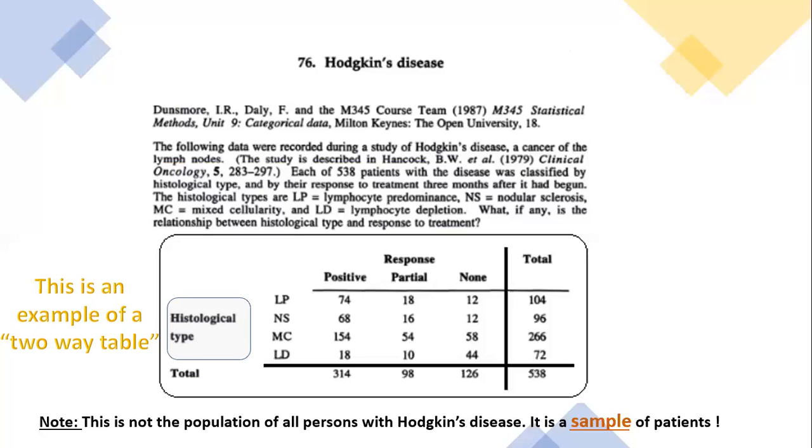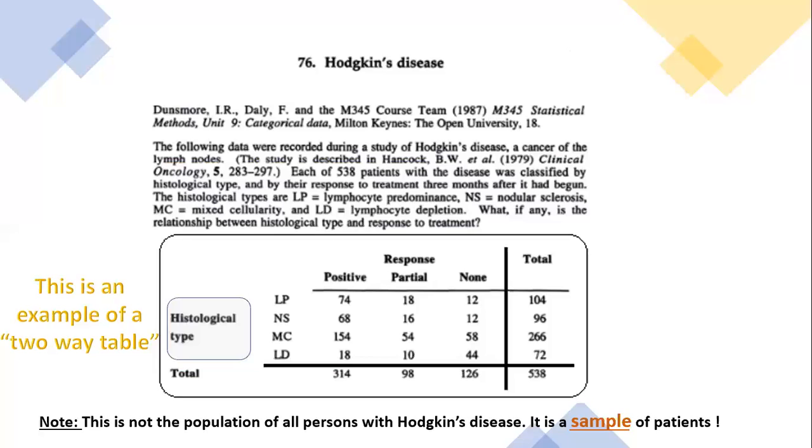Some had nodular sclerosis, indicated by the code NS. Some had mixed cellularity, indicated by the code MC. And some had lymphocyte depletion, indicated by the code LD. Notice 4 different categories of histological type. That was one of the variables that was recorded for each one of the patients.